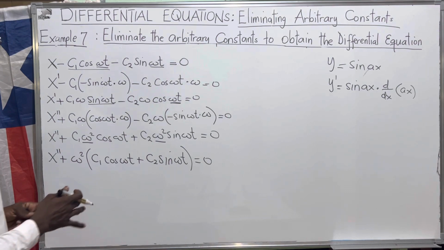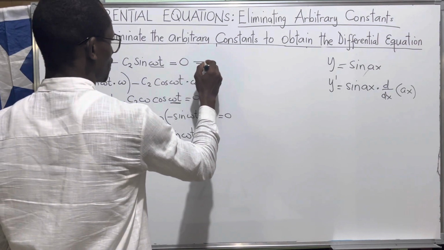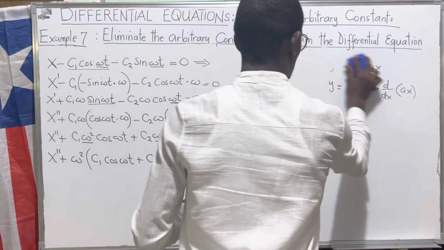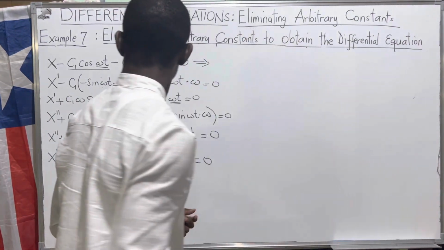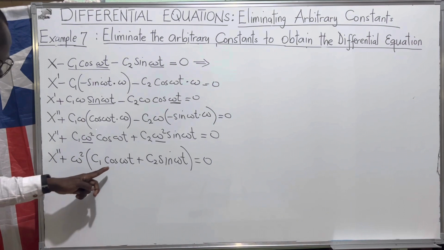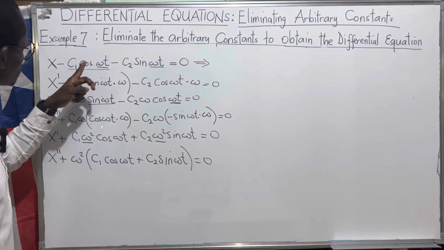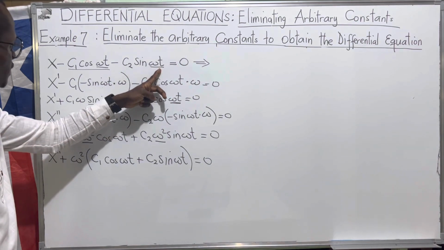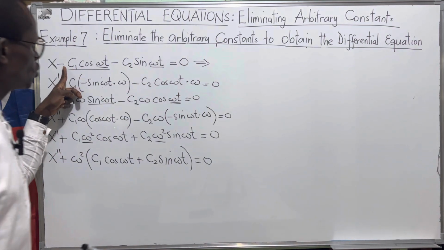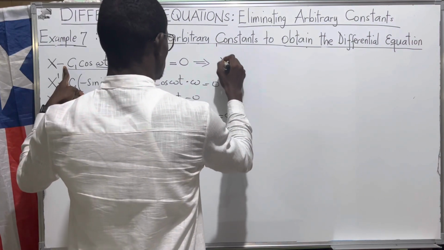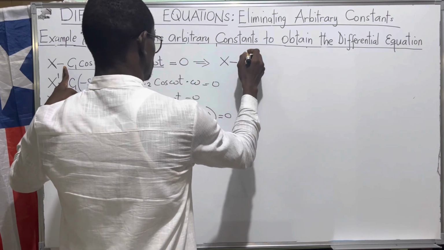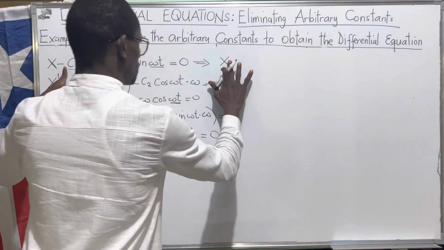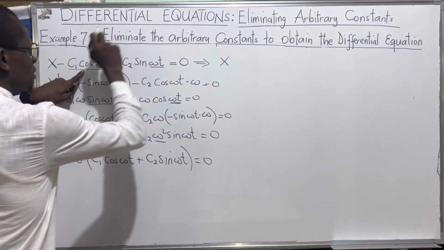Now compare it with this one. We have c1 cos of omega t and c2 sine of omega t, but we got a negative here. So what if we factor out the negative, or for short, let's send this term across.